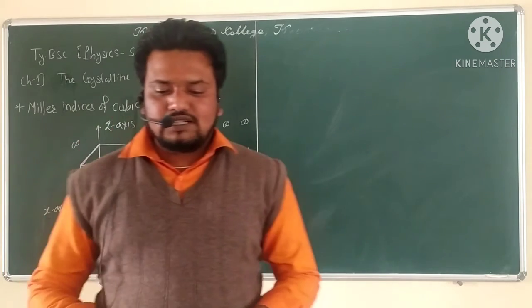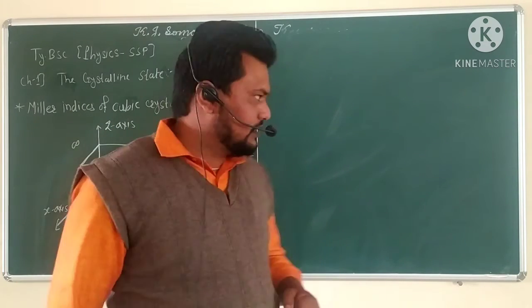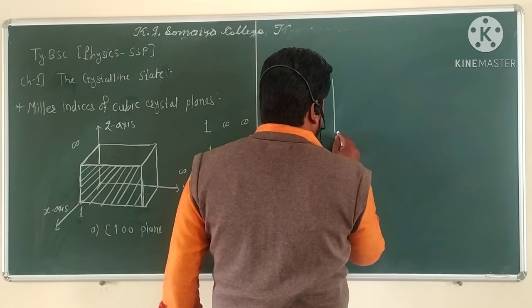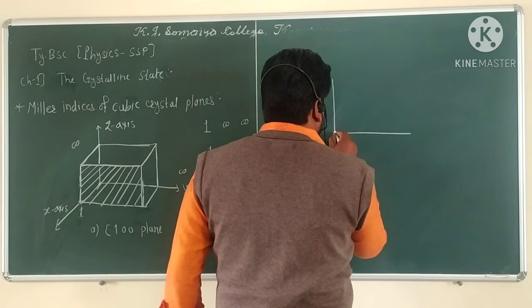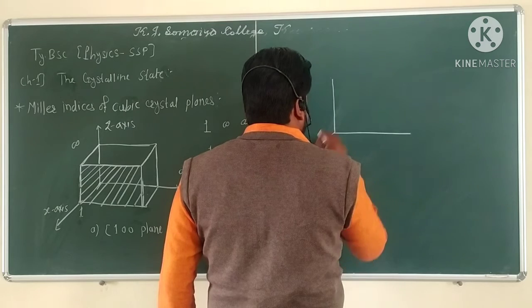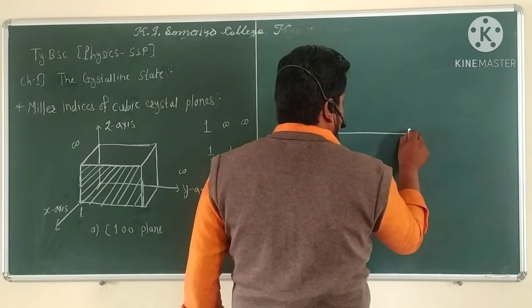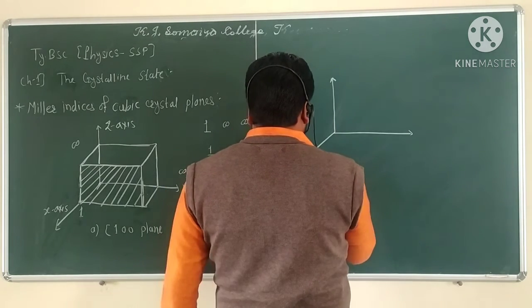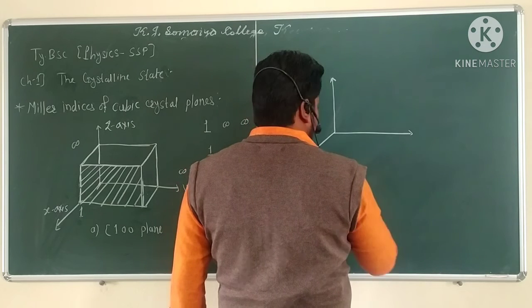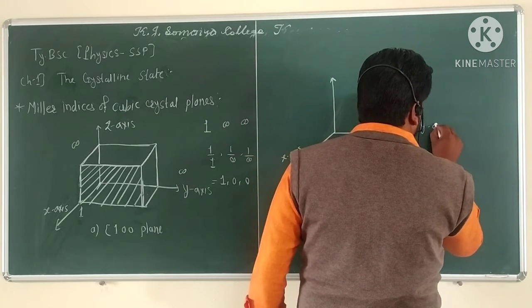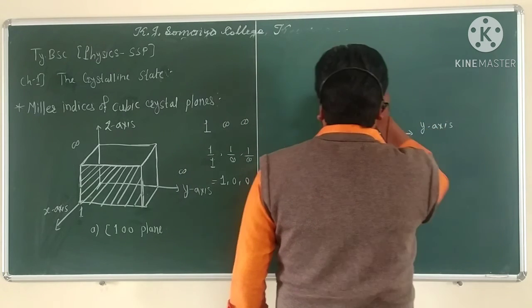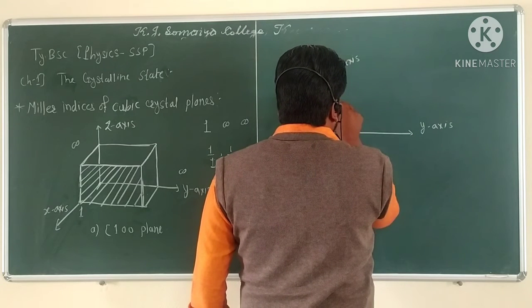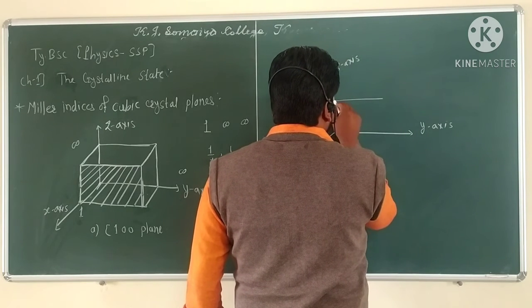Now for the next structure, for example in the cubic system, we define the 3-axis unit: this is the x-axis, this is the y-axis, and this is the z-axis.